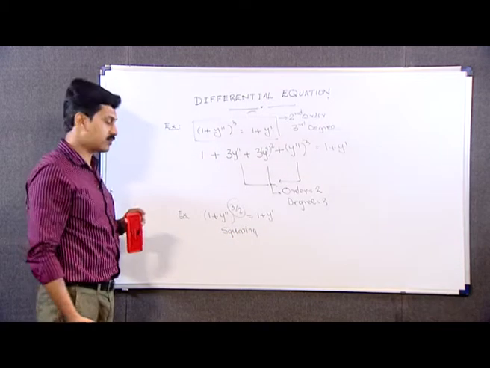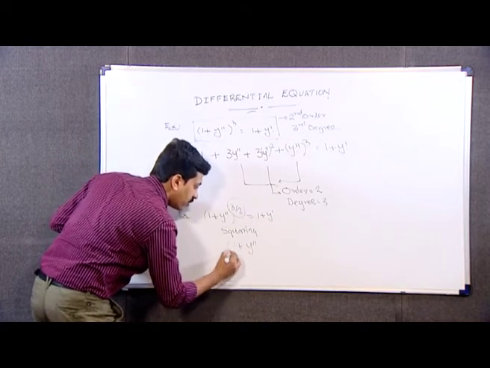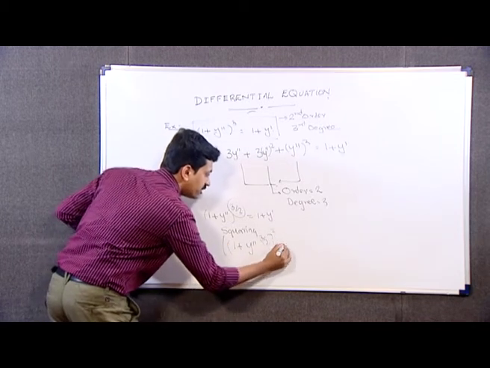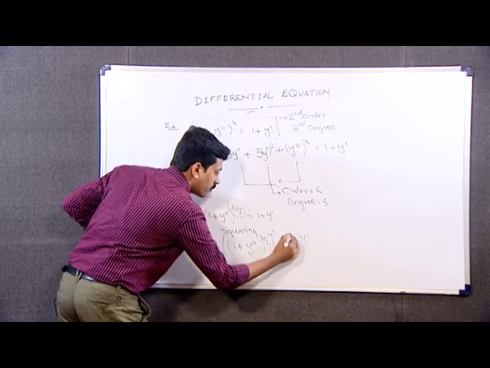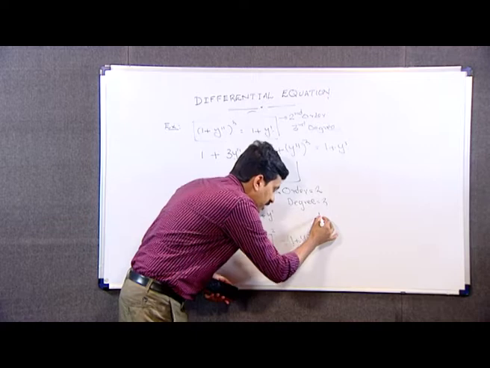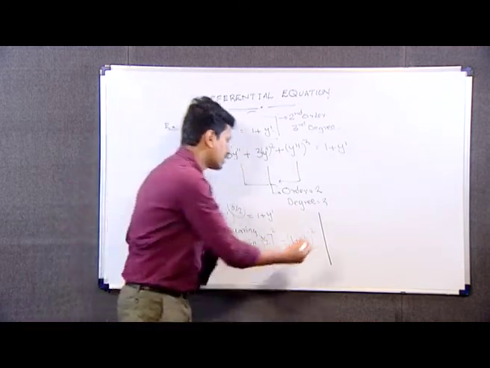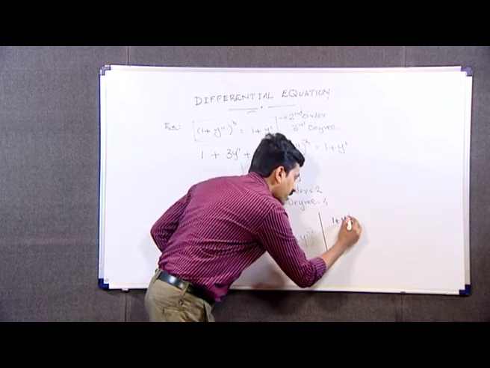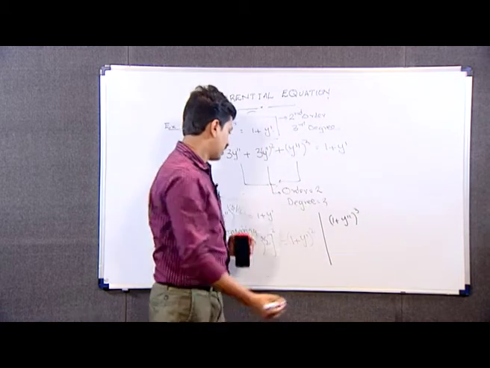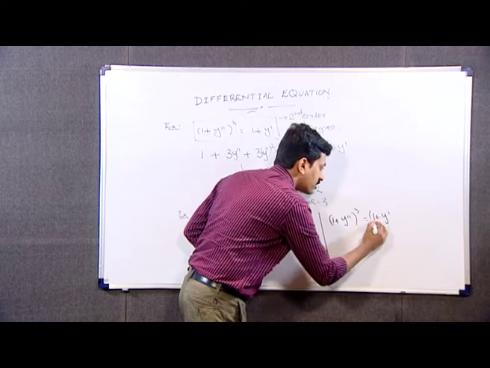So ((1 + y'')^(3/2))^2 is equal to (1 + y')^2. Therefore, we can write this as (1 + y'')^3 = (1 + y')^2.